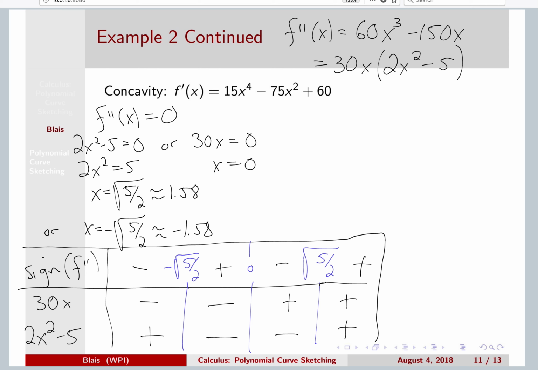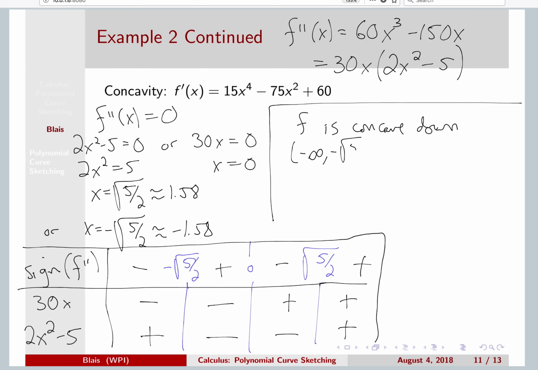And we thus see that f is concave down on the intervals where the second derivative is negative. So we have downward concavity on minus infinity to minus root 5 over 2, the leftmost interval, and then also from 0 to root 5 over 2.